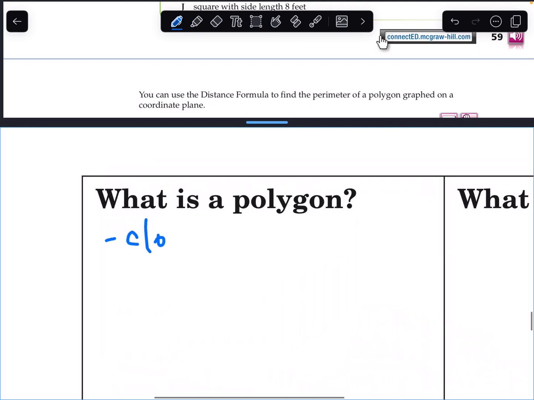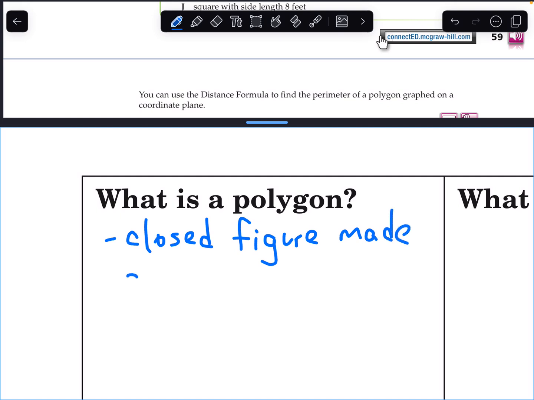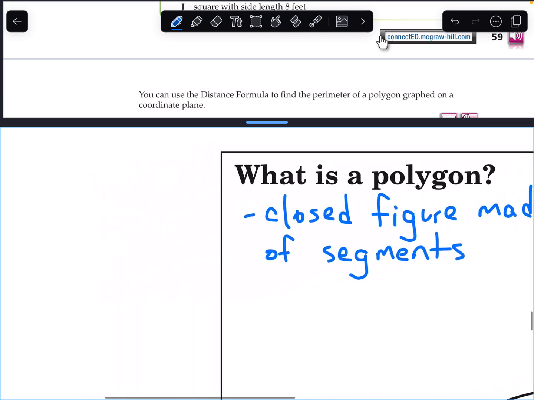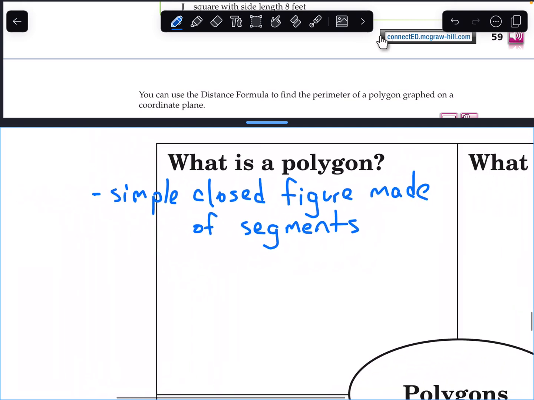It was a closed figure made of segments. Oh, I'm sorry, it was a simple closed figure. Remember that call out on the side there, no crossing over themselves.